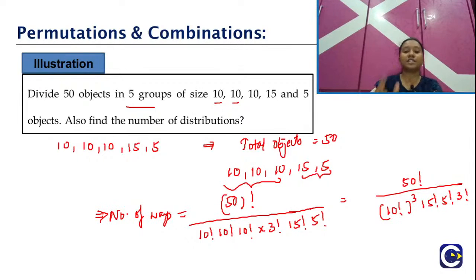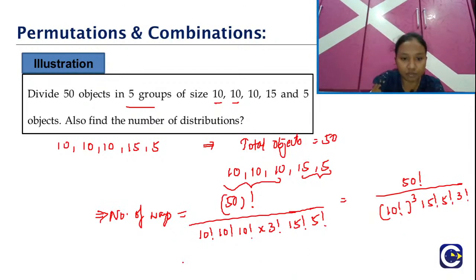Right. So for this same distribution, if we want to divide them amongst 5 persons, how will we do it? It's simple: after taking this number of ways, it should be multiplied by 5 factorial, as we are dividing for 5 different persons.